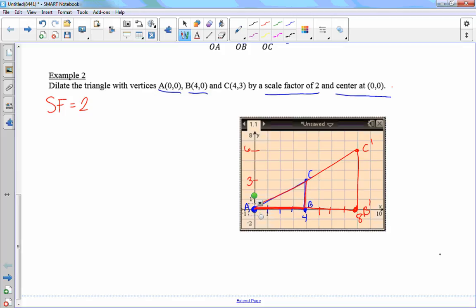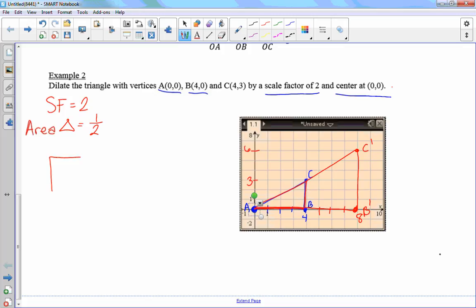Let's look at what happened to the area. What's the area of a triangle? Okay, but what's the formula? Area of a triangle. 1/2... 1/2 what?